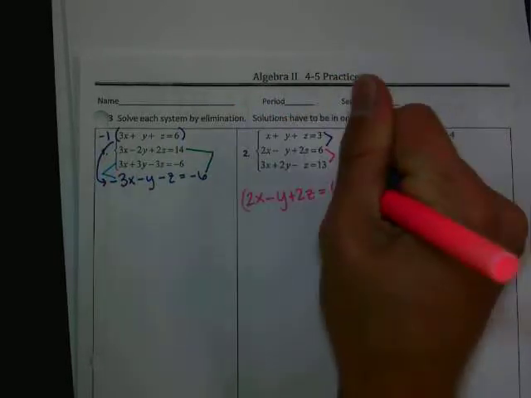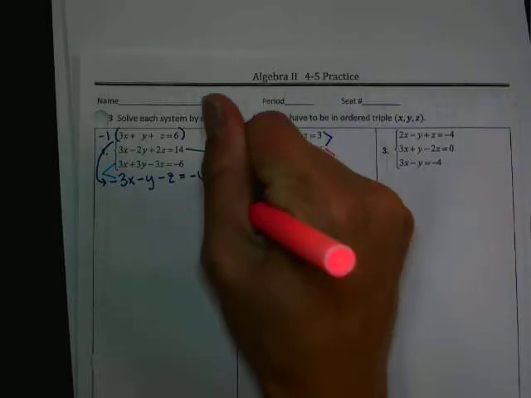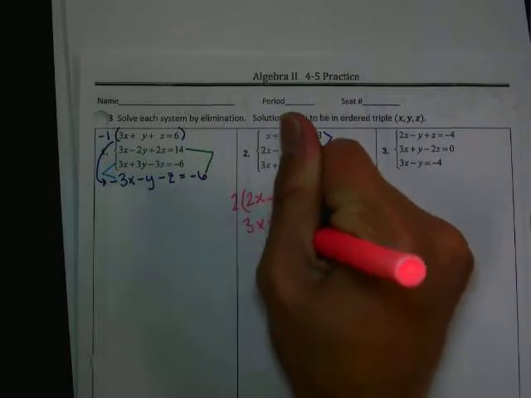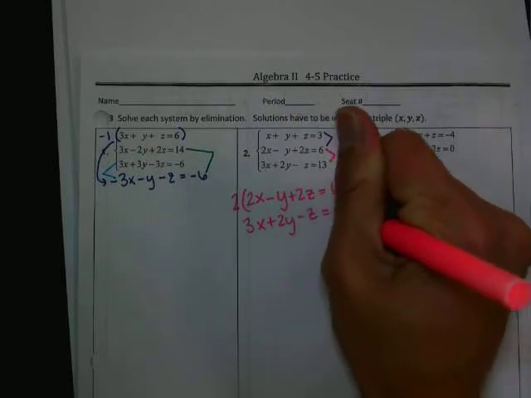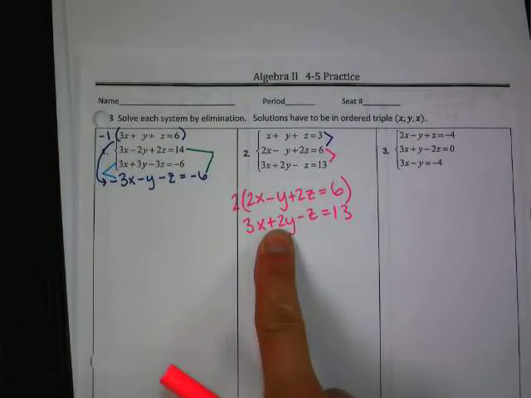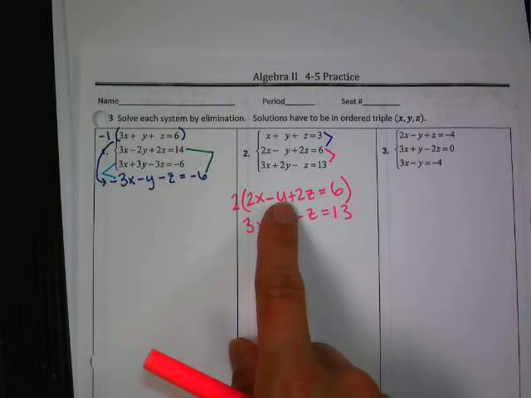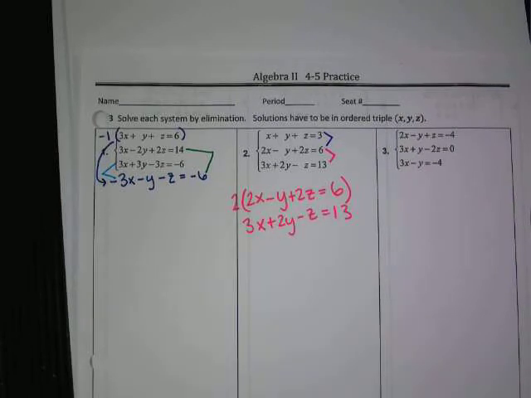We're going to have to multiply this one by a 2 so that it will eliminate with this positive 2y of this equation right here. So when you multiply all 4 of these terms by 2, your y's will then eliminate, and you can add up from there.